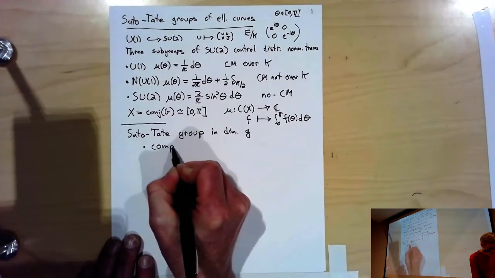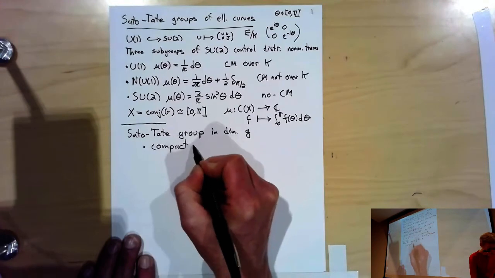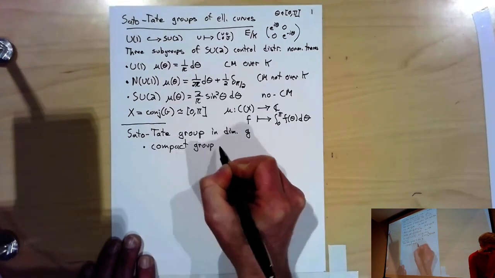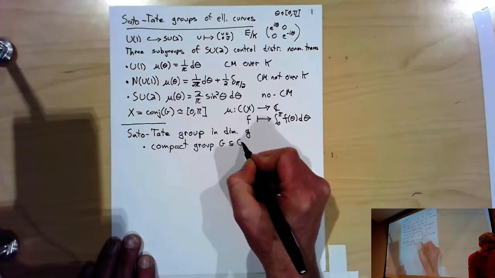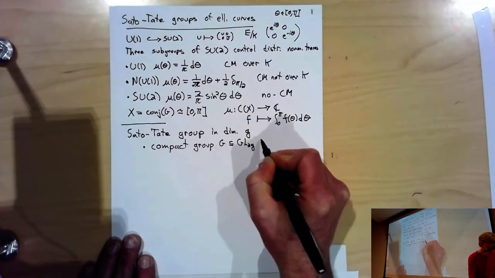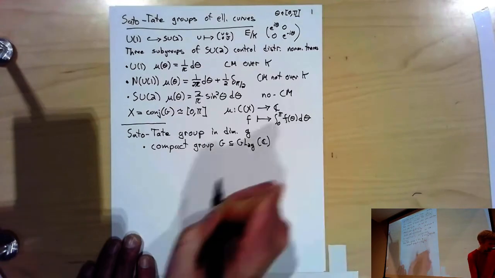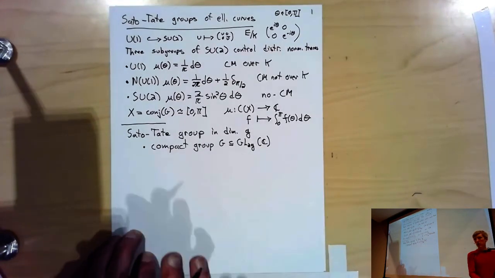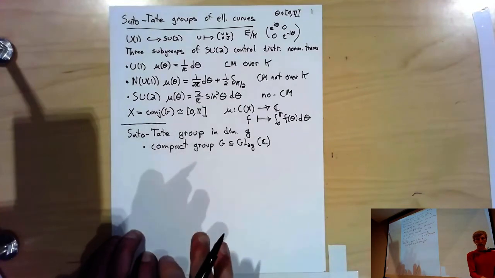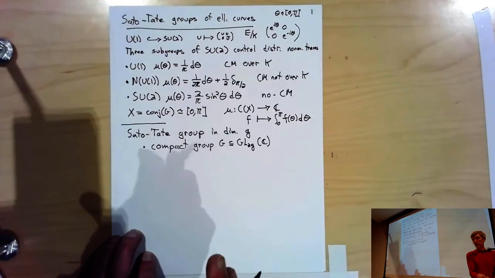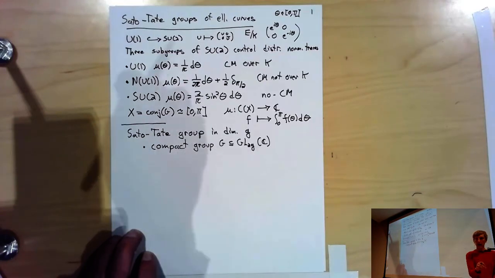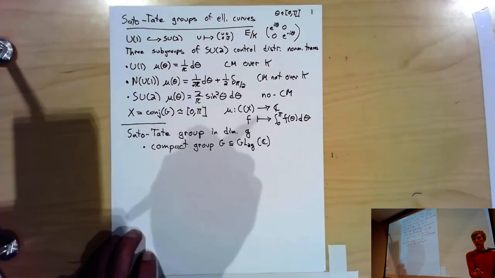One is that we're going to have some compact Lie group, and not just abstractly: we're going to explicitly embed it, up to conjugacy, as a linear group, say in GL_2g, and the embedding is important. This won't come up today, but we'll see in the next lecture examples in dimension 3 where you can have two Sato-Tate groups that are isomorphic as abstract Lie groups, but their embeddings in what will turn out to be USp6 are different, and they give rise to different trace distributions, or more generally different L polynomial distributions.